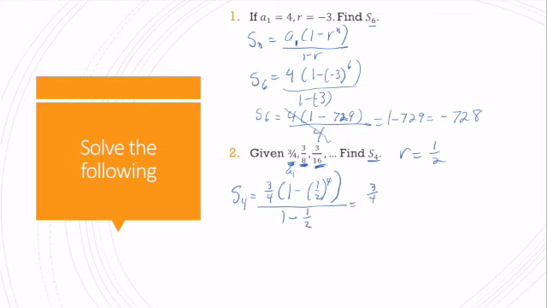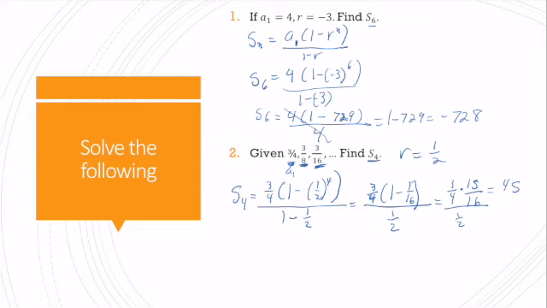So I get 3/4 over 1/2 times 1 minus 1/16. That gives me 3/4 times 15/16, over 1/2.